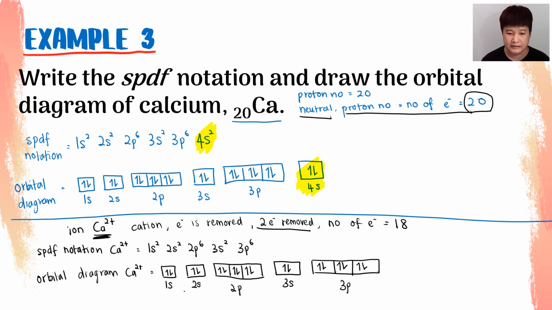And when you count, you realize that the total electrons right now is 18. Always remember, whenever you want to remove an electron, the electron must be removed from the outermost shell, which is the furthest away from the nucleus. That is the rule to become a cation.